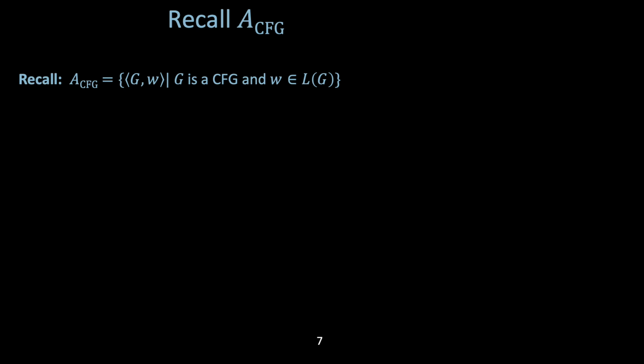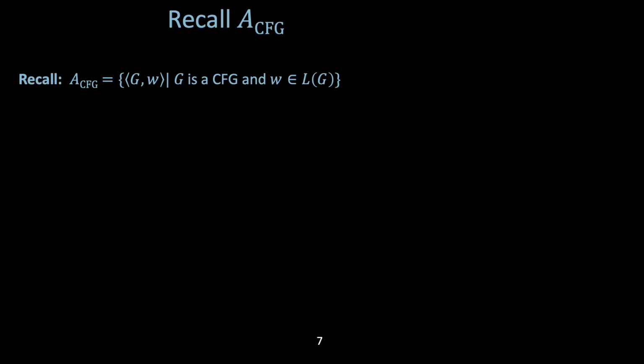One of my favorite languages to go back to thinking about being a decider, and also reminding ourselves when we talk about Turing machines, we think about strings, is ACFG. ACFG is the language of grammars and words together.